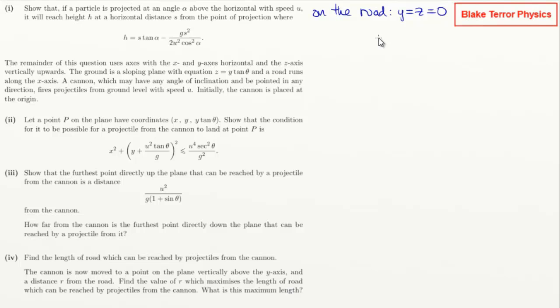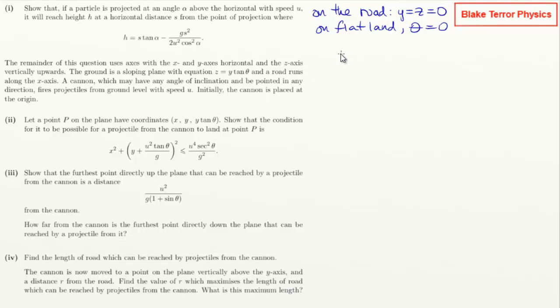And theta's not going to matter, we're just firing along flat land here. And this is just flat land, so we've got theta is equal to 0 as well. So that's no real problem on this.